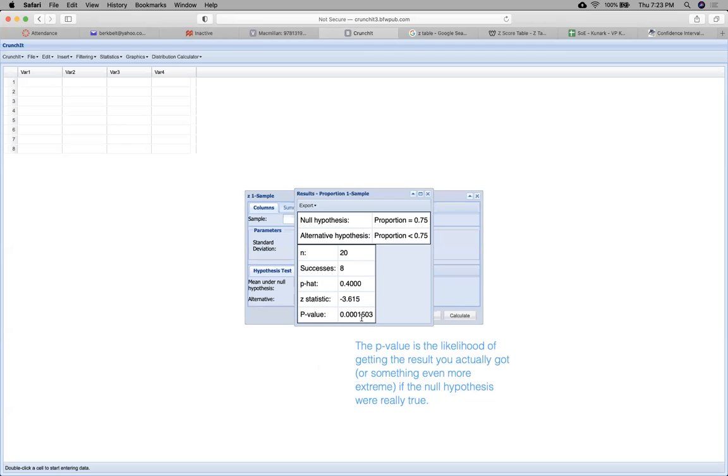So if there is a 1.5 in 100th of a percent chance of getting this result with the null hypothesis being true, and you actually got that result, you've got to start questioning whether this is true or not. Something so unlikely to occur, essentially like 1 in a million, and it actually happened? Dude, you're not really a 75% free throw shooter. I'm going to reject the null hypothesis.